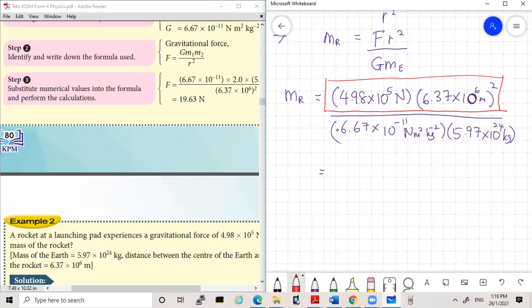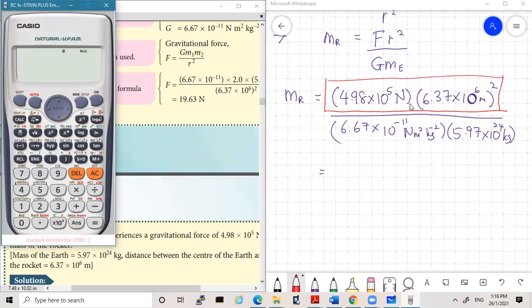Just take out your calculator. Here I have my calculator. So the first one, 4.98 times 10 to the power of 5, times 6.37 shift exponent 10 to the power of 6.